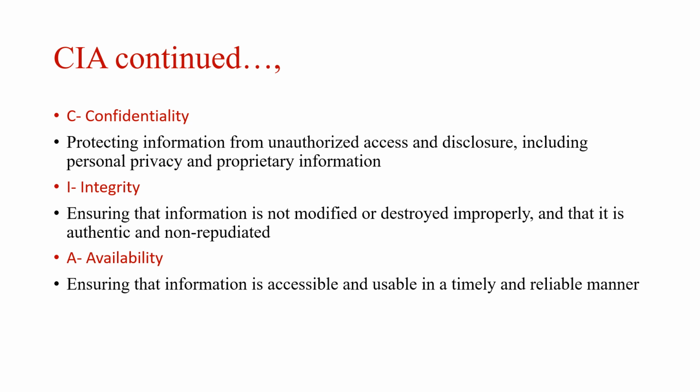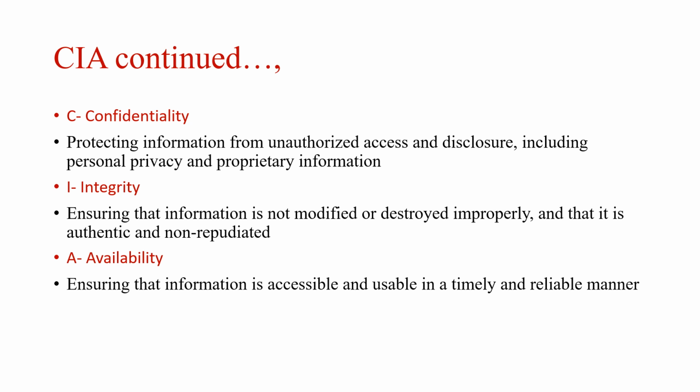There are different types of attacks which are done to hamper this CIA. There are two types of attacks through which the CIA is hampered: active attacks and passive attacks. In passive attacks, no harm is done to the system or network; only data is disclosed, or the attacker just gathers the information and keeps it for further purposes.